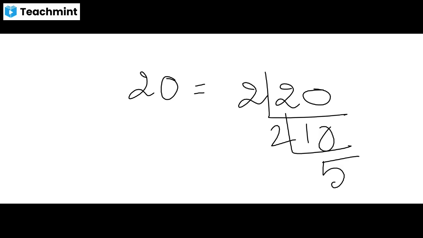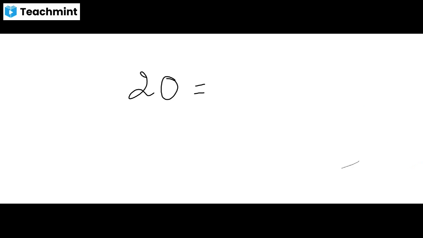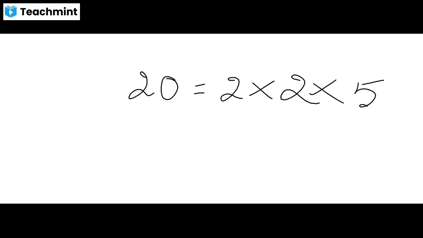So 2 into 2 into 5, that is the meaning. 2 into 2 into 5 is equal to 20. So when we write 2 into 2 into 5, it is the factorization of 20. So we have written in the product form of prime factors. Similarly, 30. How can you write 30 in the product form?